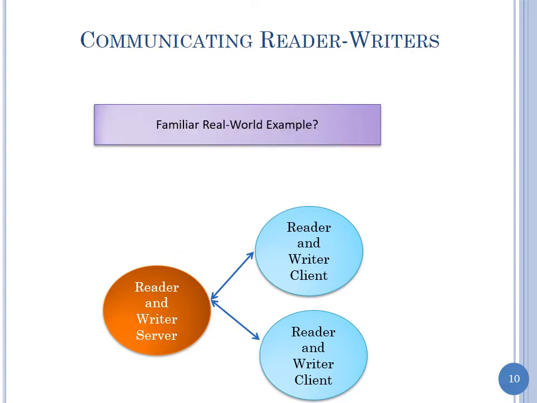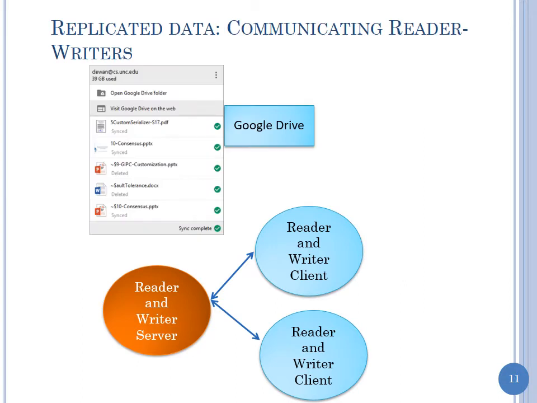So, familiar real world examples here. Google Drive, as Jason mentioned: we have a server that keeps state, and we have clients that replicate that state. And why replicate? We have answered this question to some degree, but let's review that.